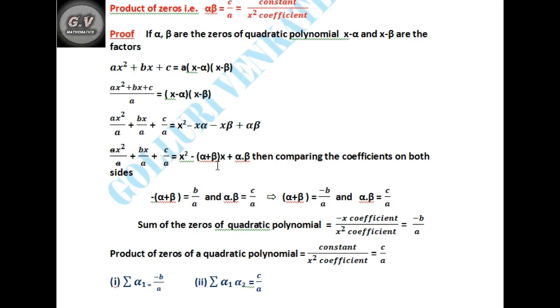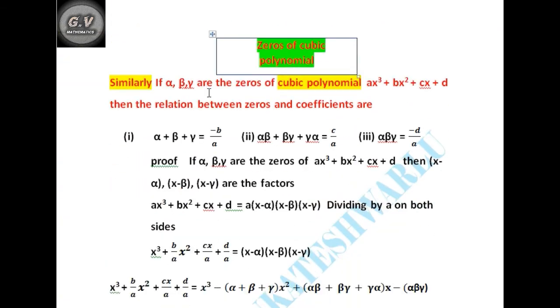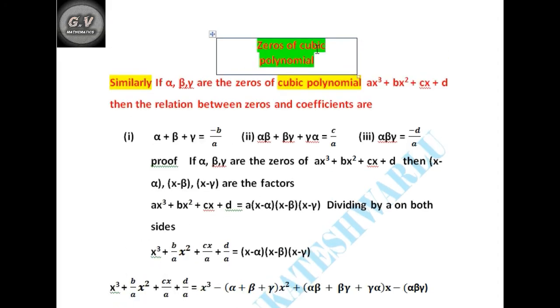Next, we are going to discuss the third case, that is, deriving the relations between zeros and coefficients of the cubic polynomial. Look here. A cubic polynomial means a third degree polynomial.